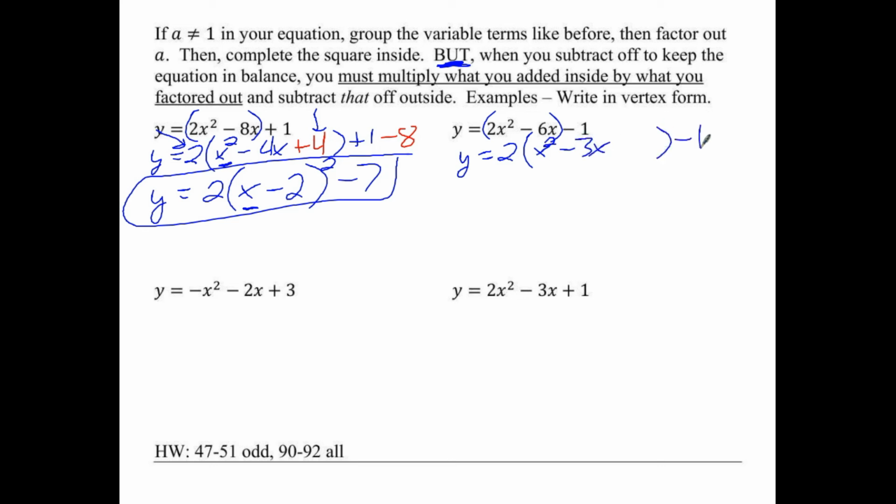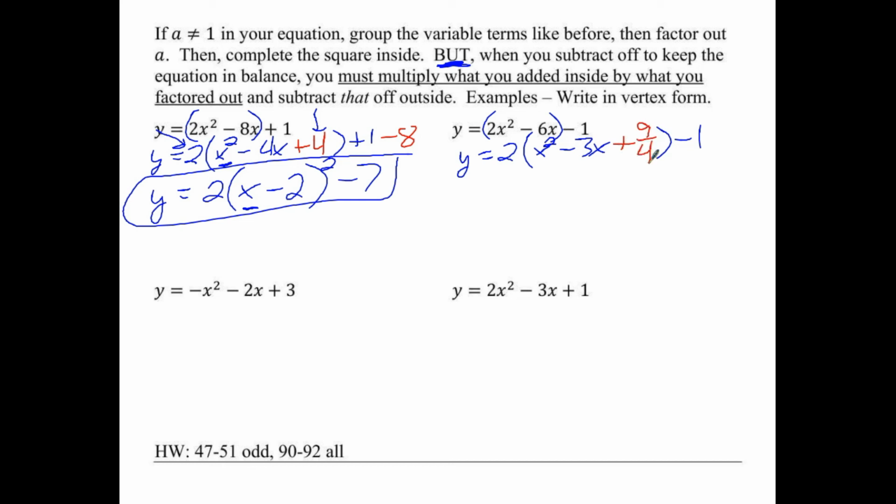The minus 1 outside is untouched. Now what? Complete the square inside. Half of b is 3/2. So, yeah, negative 3/2. Now we're going to square that. It'll be positive 9/4. So plus 9/4 inside.